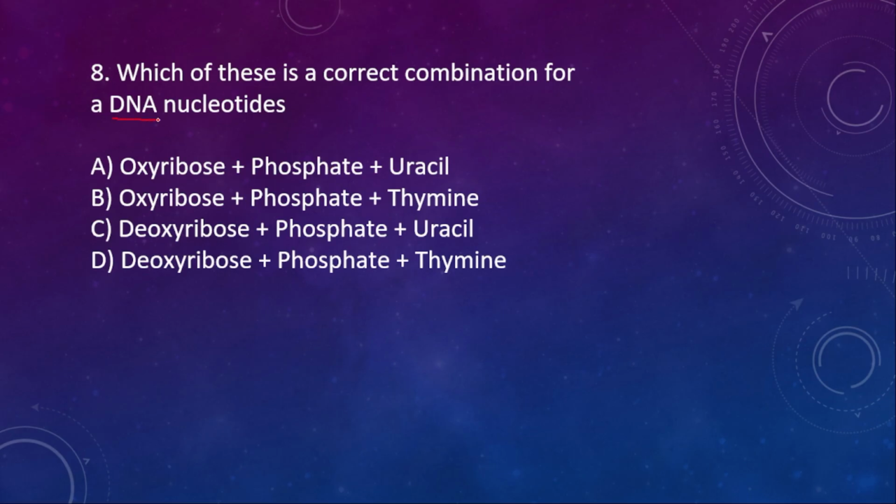He is asking for DNA. Uracil will be there in the RNA. Ribose is also for RNA. Deoxyribose phosphate and uracil, again wrong. Deoxyribose phosphate and then thymine, this one is correct. So option D is correct.